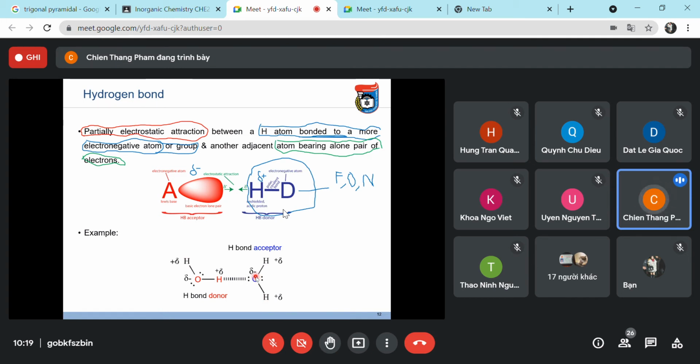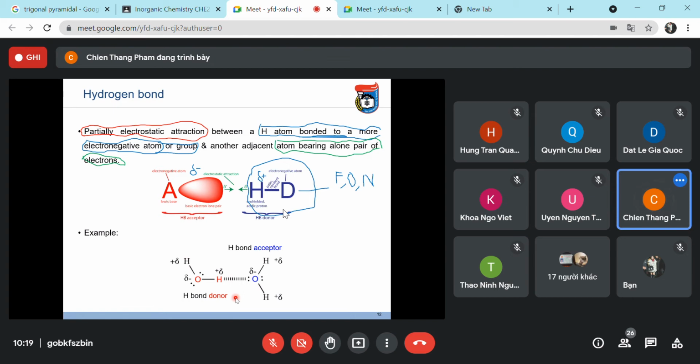This one is a hydrogen bond between only two molecules. Let's imagine when you have thousands or billions of water molecules, it will produce a hydrogen bond network.